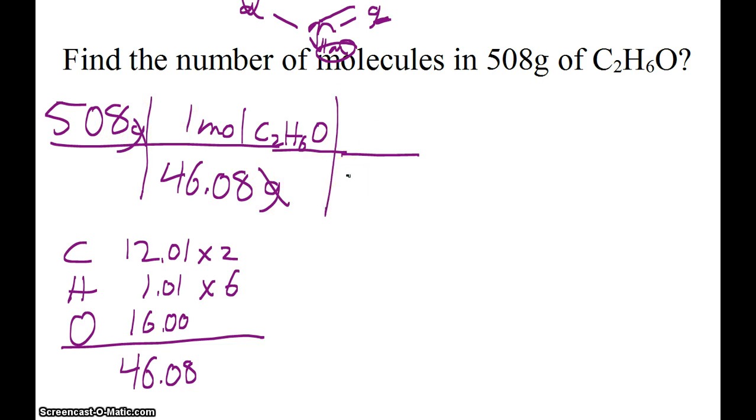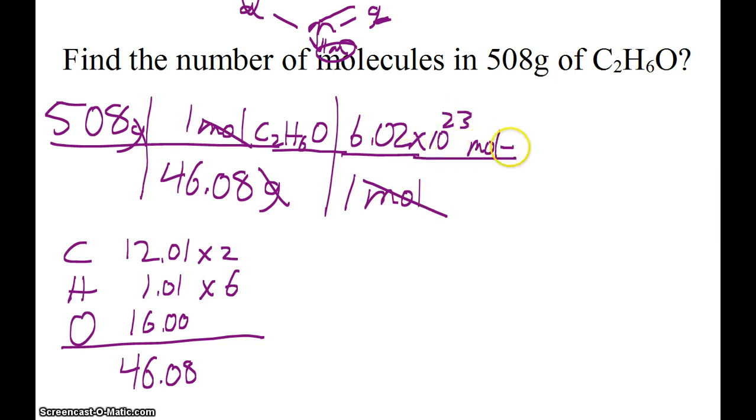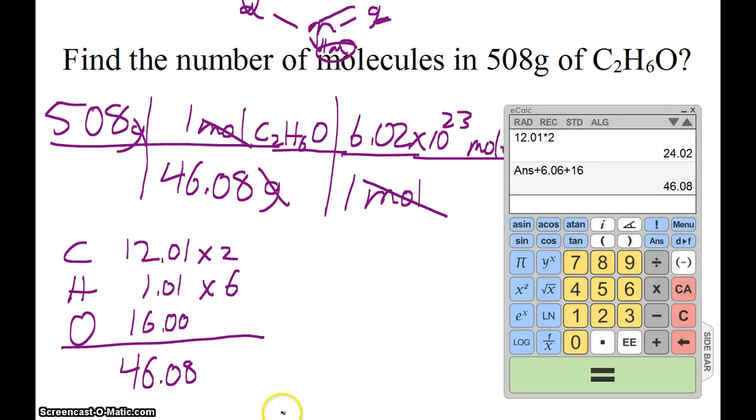Now that cancels out the grams, and that got us to moles. We want to go to molecules. So in 1 mole, we put the mole on the bottom so that it cancels. There are 6.02 times 10 to the 23rd molecules. Okay, so that allows us now to use our calculator.